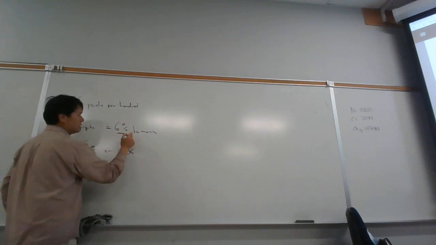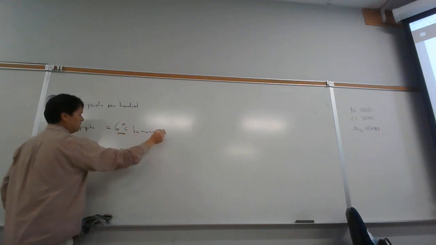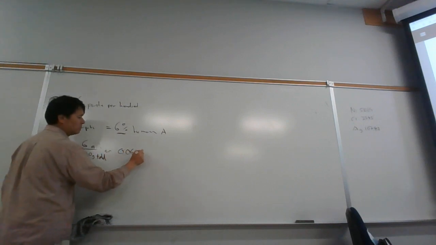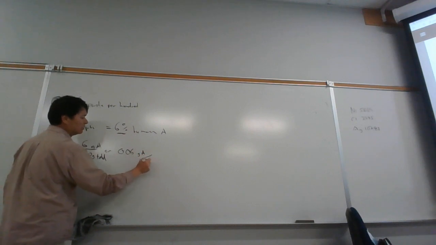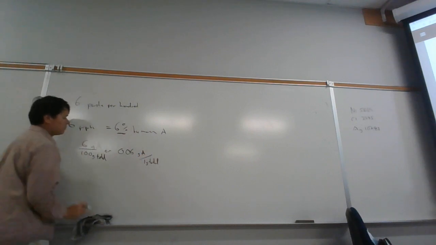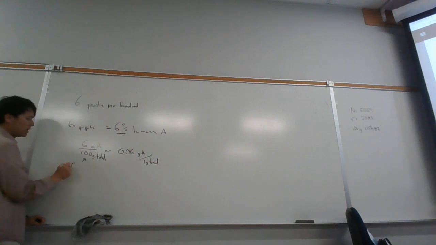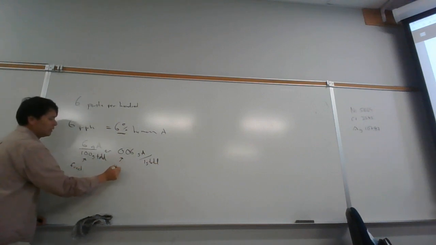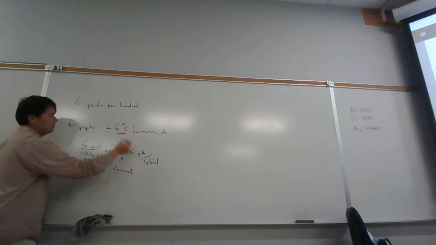So this is 6 grams of A out of 100 grams total, which is 0.06 grams of A out of 1 gram total. Here we have the fractional form, here the decimal form, and here just the pph, or the percent.